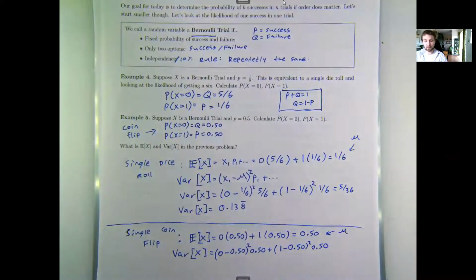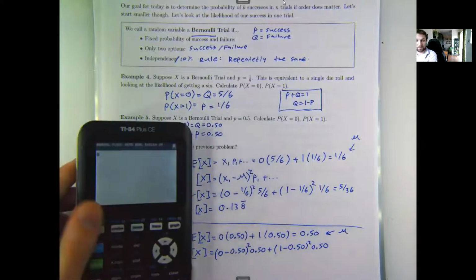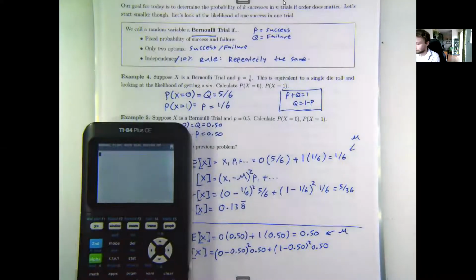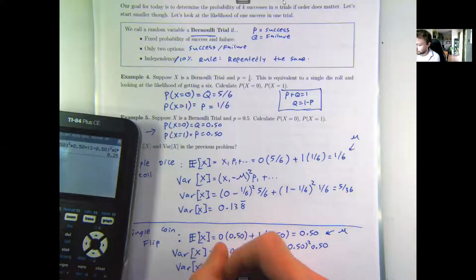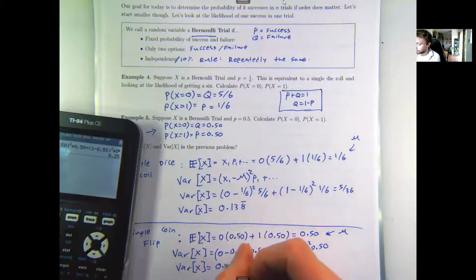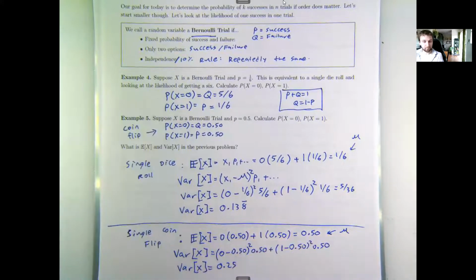I'm going to type this into my calculator. I'm going to pull out my 84 for this, a little bit easier to read on the screen. And when I did this, I got a variance of 0.25.